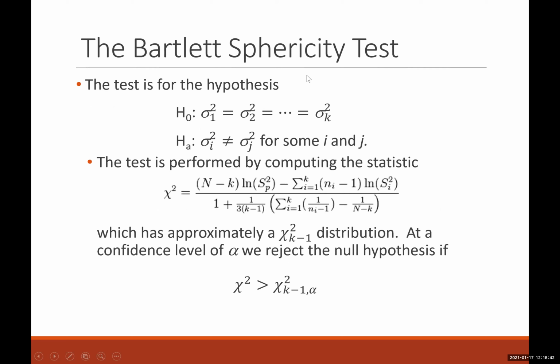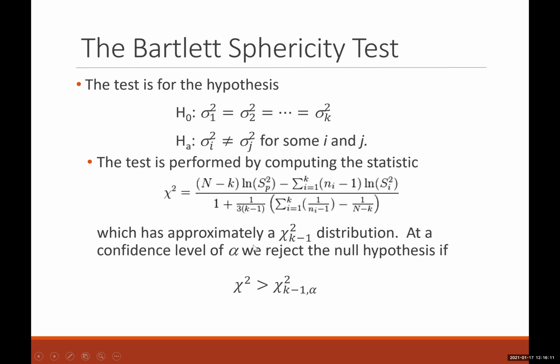It's going to use hypothesis testing, similar to the variances f-test, which says, are all these variances equal to each other for the null hypothesis, or is at least one of these variances not equal to each other? And contrary to how we typically would do a variance test using the f-test, the Bartlett's test of sphericity is using a chi-square test. And so you can see the more complicated chi-square test here.